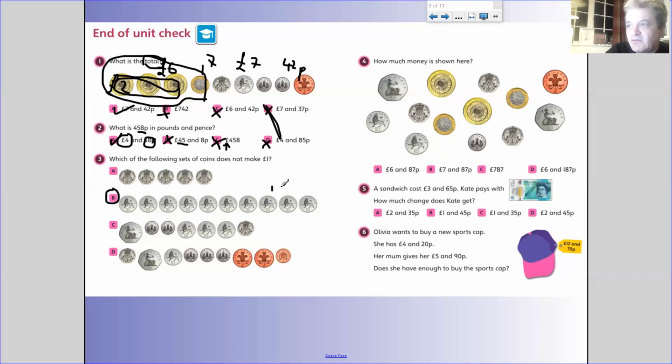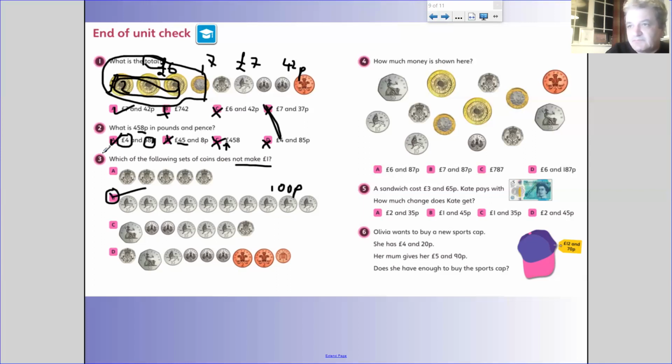We know 100 pence is equal to £1. So this set of 10 10p pieces does make £1. The question says which set of coins does not make £1. So this makes £1.